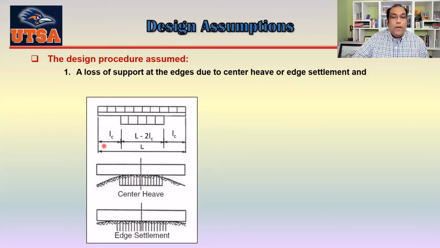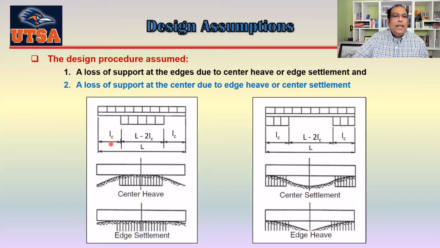Now let's move forward with the second assumption, which is a loss of support at the center due to edge heave or center settlement. Here you can see either the center has settled, or actually this one is more common, edge heave because of the rainfall.